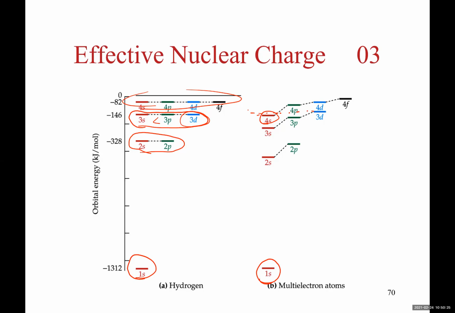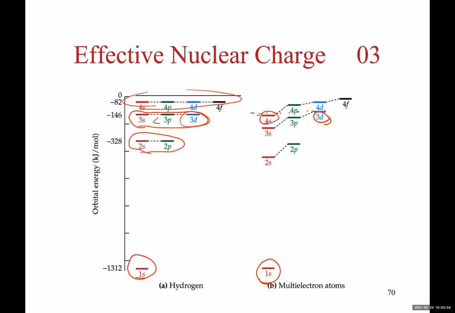Although 3D belongs to the third shell, because of its orbital, because the D subshell has more energy than S, 3D has more energy than 4s.